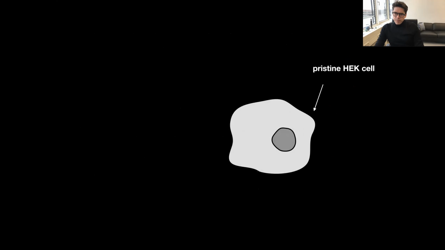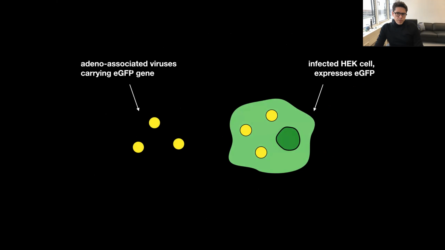We did the following assay. I touched on this in the introduction of this part. We took a human cell line, and in its pristine form, it's non-fluorescent. Then we add adeno-associated viruses carrying an EGFP gene. These are infectious but non-replicative model viruses.